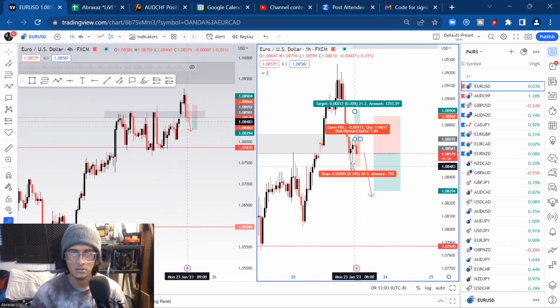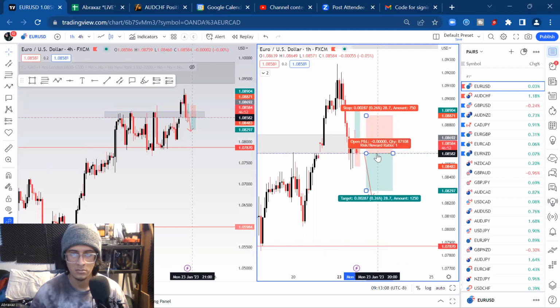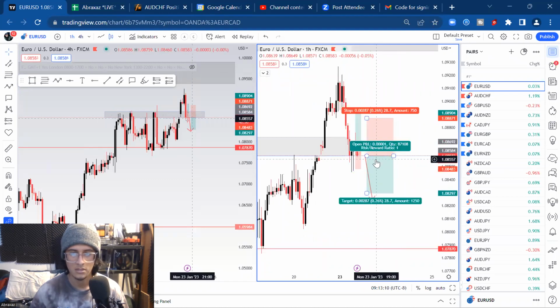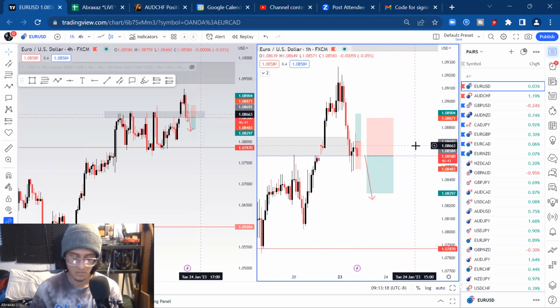No, actually, I'm just gonna leave that like that and boom. Put that right there. I had already sold it, so I'm just gonna fix the parameters on this real quick. AUD, Euro USD, modify.